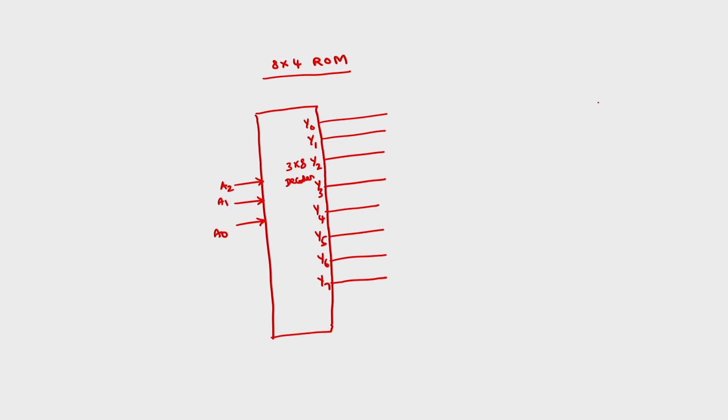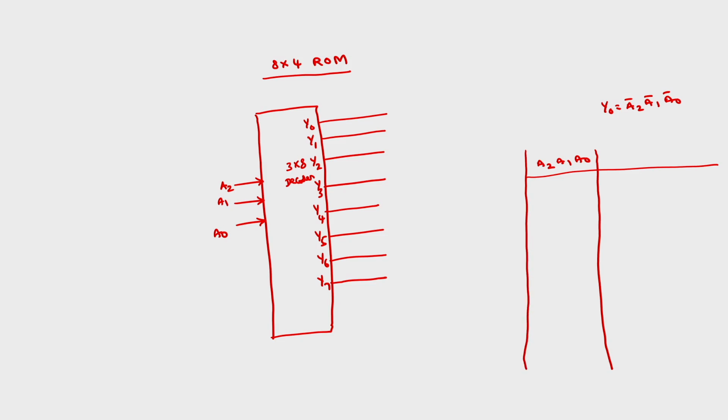Otherwise, the expression for Y0 is the complement of all the three, A2 bar, A1 bar, A0 bar. Okay. Basically the decoder block diagram will be, so if I take this A2, A1, A0, the truth table of the decoder, and output, this is inputs and outputs.